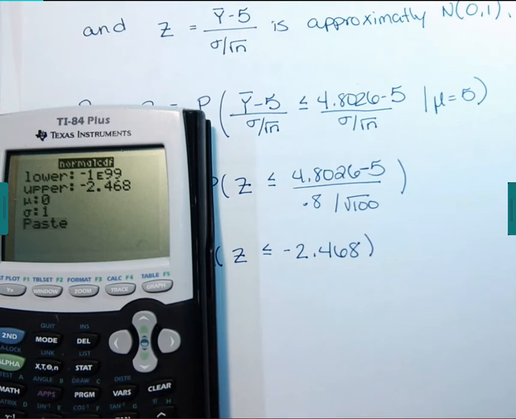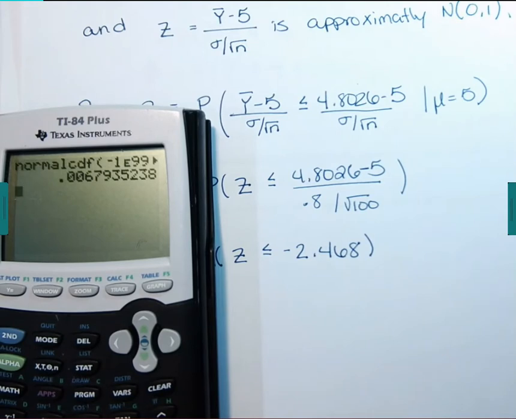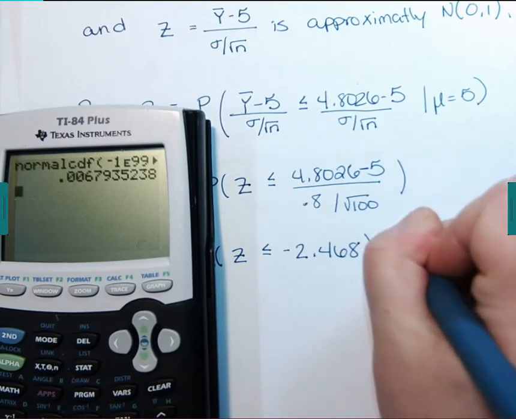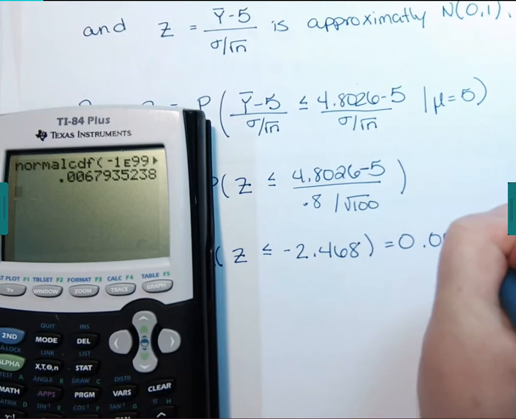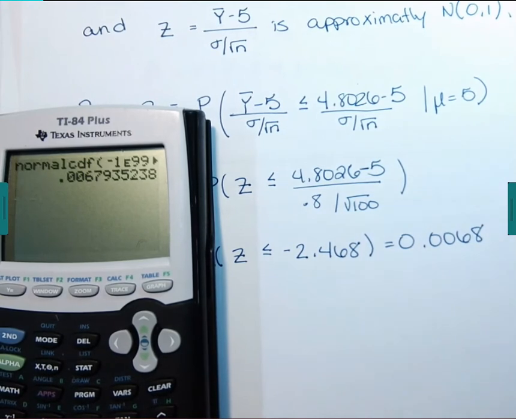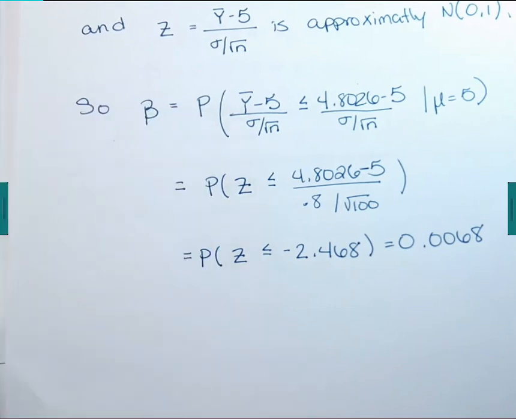That's why we converted over to the z. And this is going to give me 0.0068. And notice that is very small, so that is a good choice for beta. So in other words, beta is very low, which is what we would want in this case.